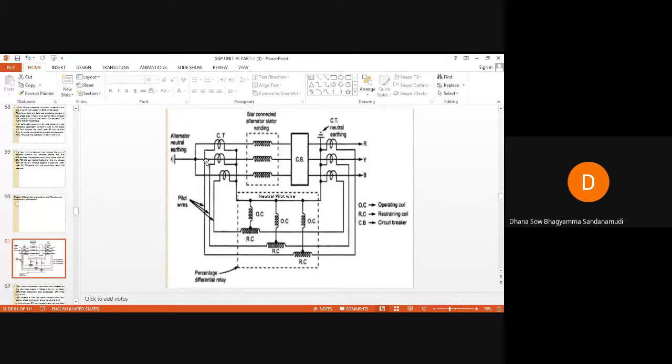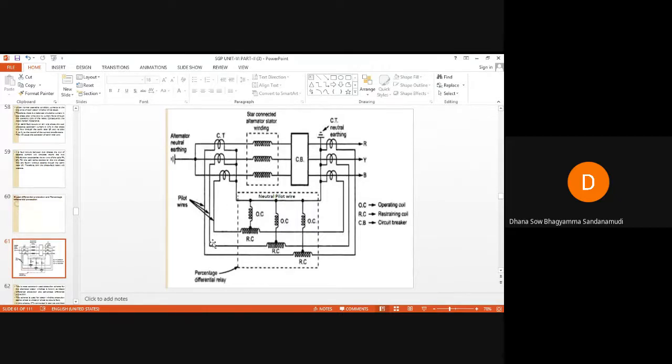Here also, you can see the CTs are connected in star. One end of the secondaries is given to the neutral point, which is our neutral earthing. The neutral point of both the CTs, on both sides of all three phases of the stator winding of the alternator, is connected by a neutral pilot wire.